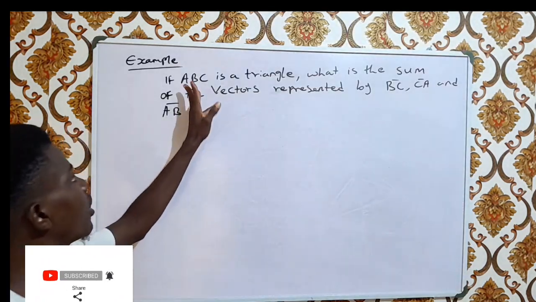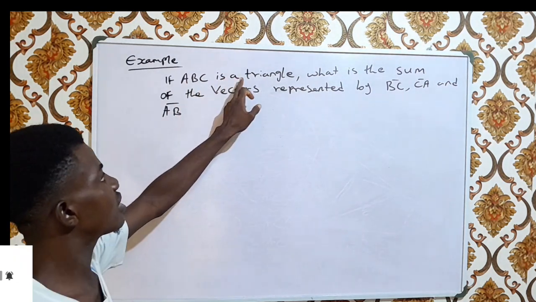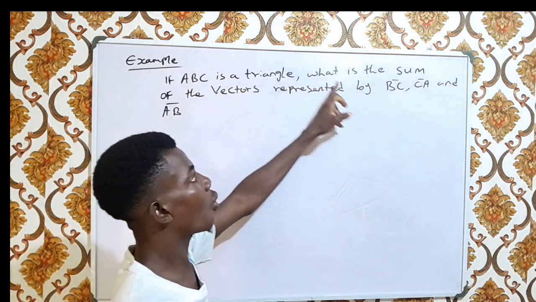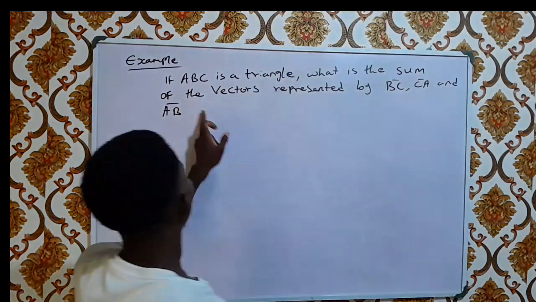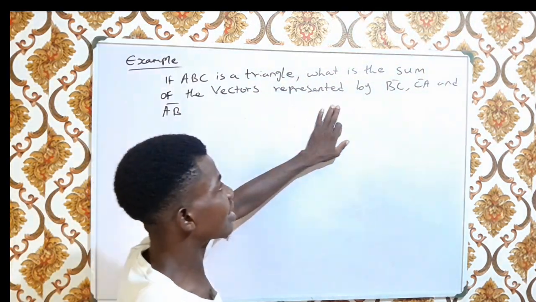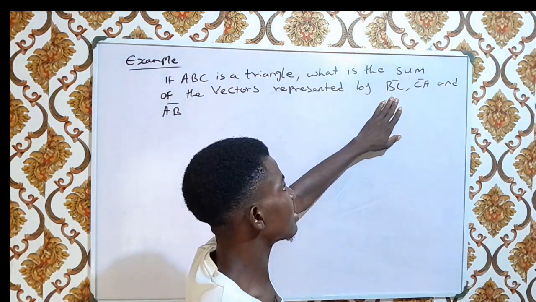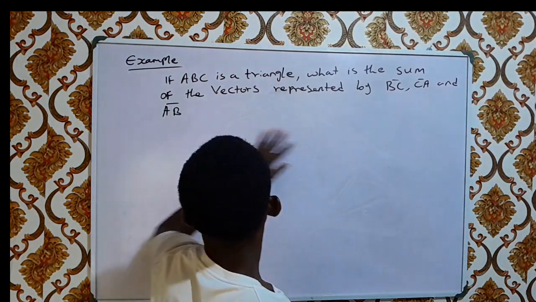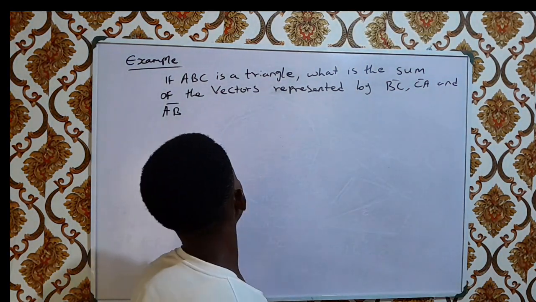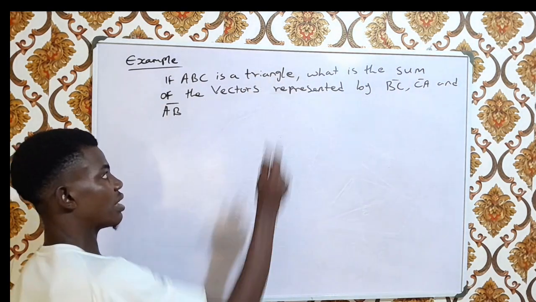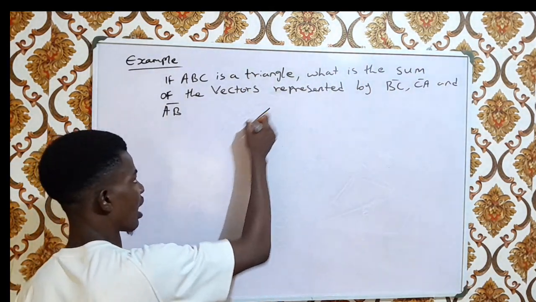Now, example: if ABC is a triangle, what is the sum of the vectors represented by BC, CA, and AB? From the question, you know it's a triangle. You draw a triangle.